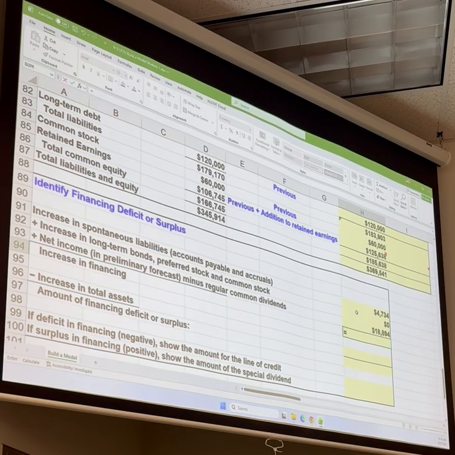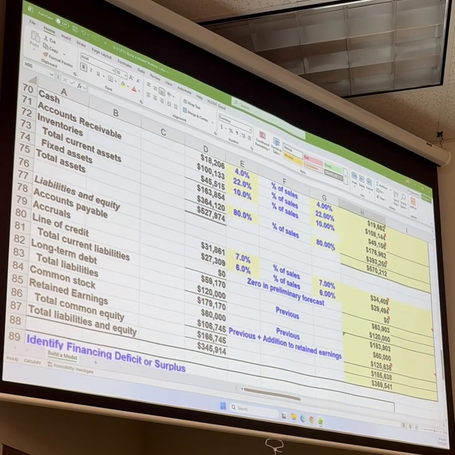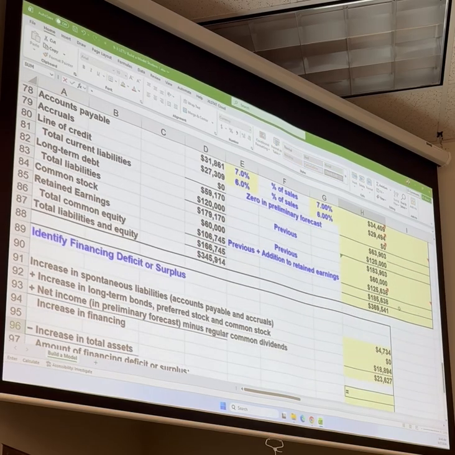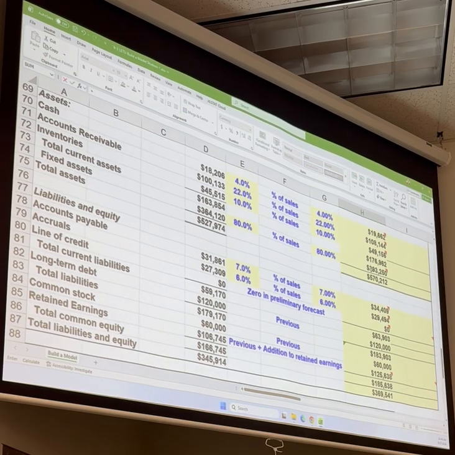So we've got this plus this plus this, minus our increase in total assets. Our increase in total assets is equal to our new total assets minus our old total assets.